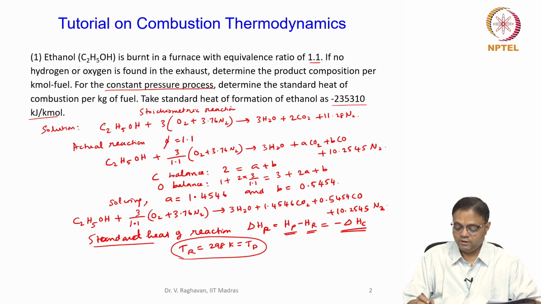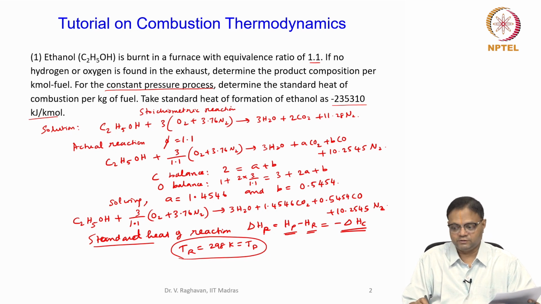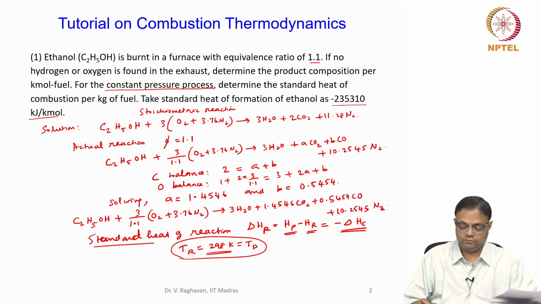Under such conditions, I get the standard heat of reaction, which is the difference between HP, the enthalpy of the product mixture, minus the enthalpy of the reactant mixture. The enthalpy of individual species is calculated at the reference temperature of 298 Kelvin. And the negative of that is called the standard heat of combustion.